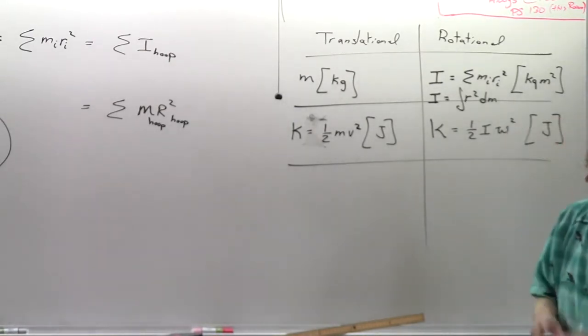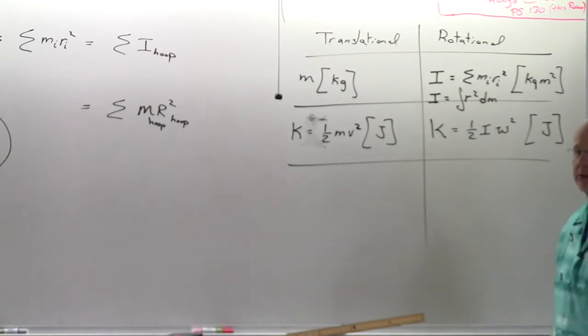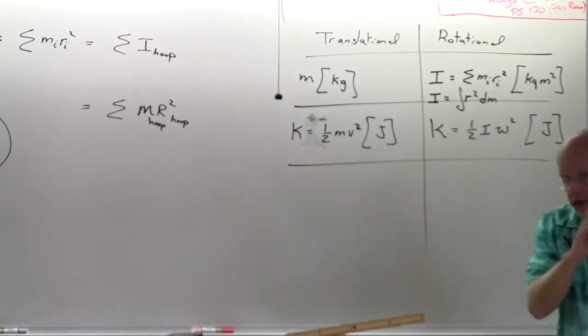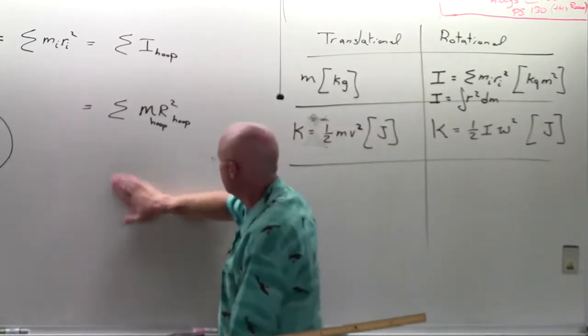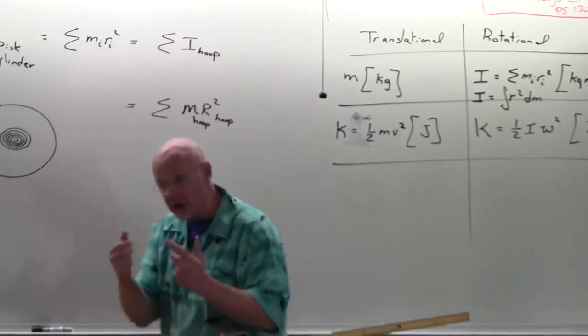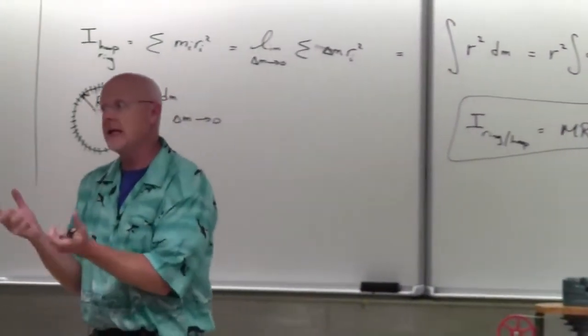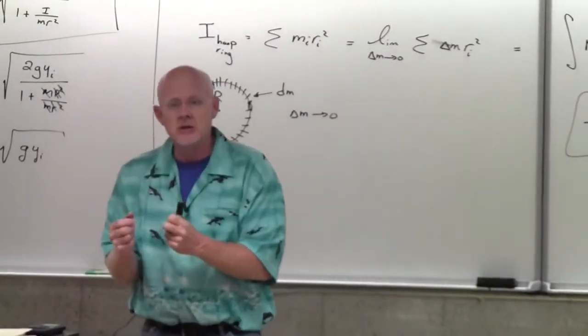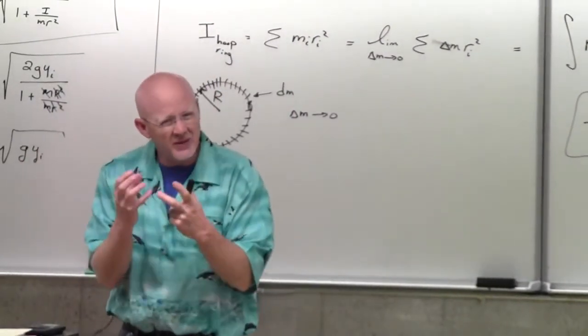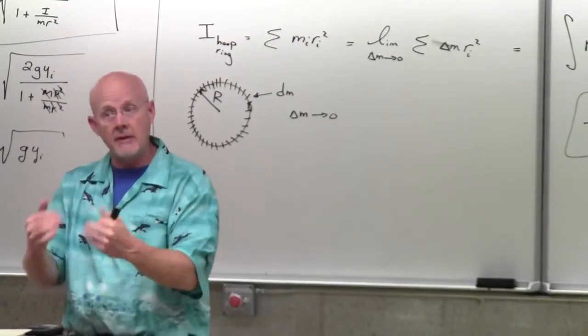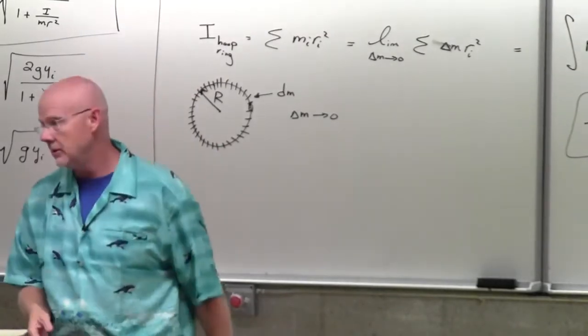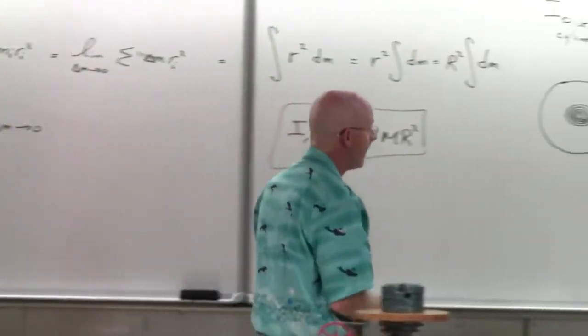So it's not a ring, it has a little thickness to it. Okay, good. So you're seeing that here. And again, that's why all these little derivations are so important that you go through and understand them. You can't just get to the end and say, okay, here's the result. You've got to know what each step along the way means.